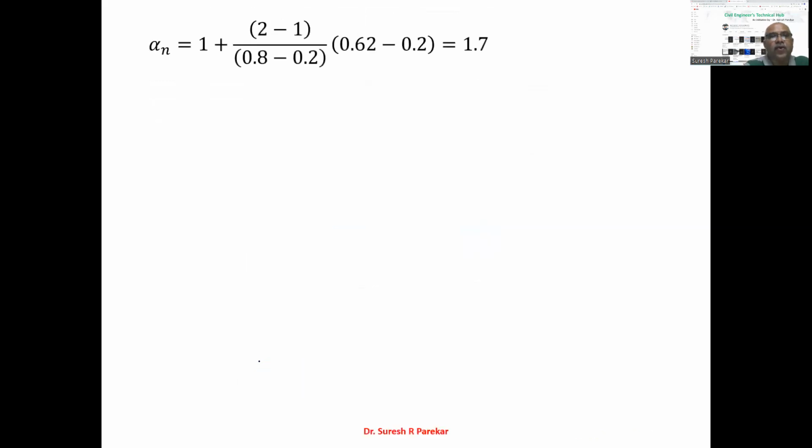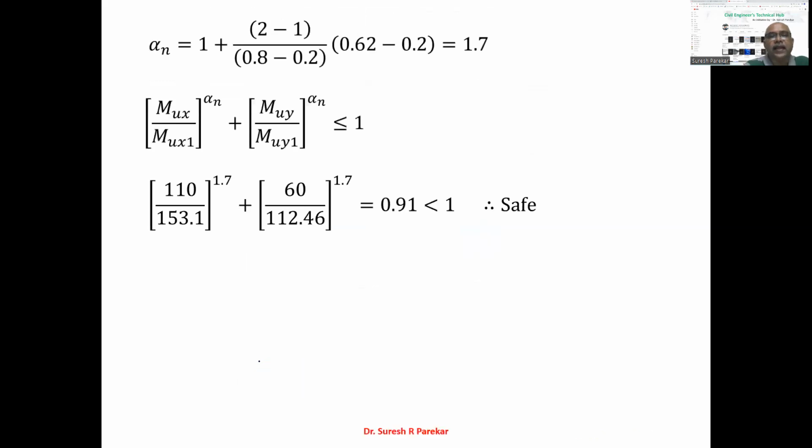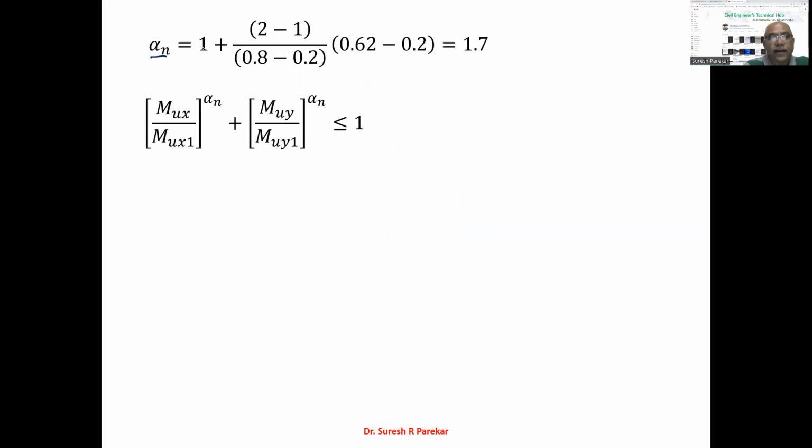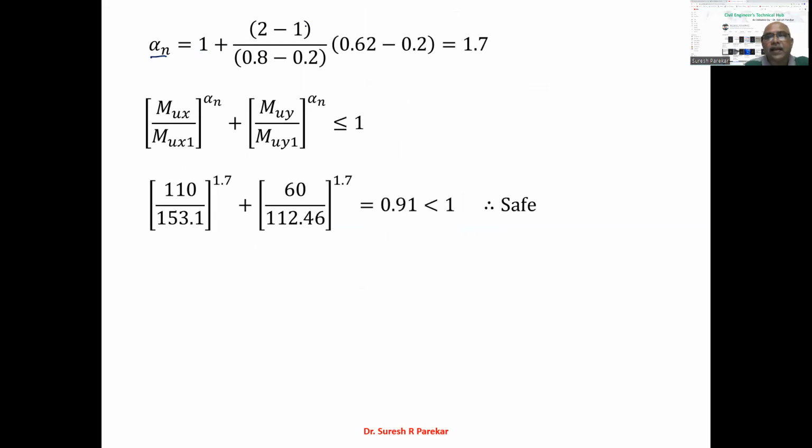Now if we go to the IS code, in the IS code we have this clause that gives how to find alpha n. Up to the value of 0.2, we have this value as 1.